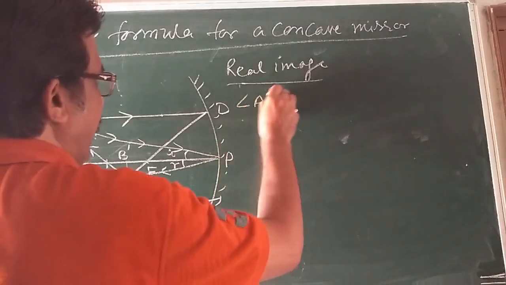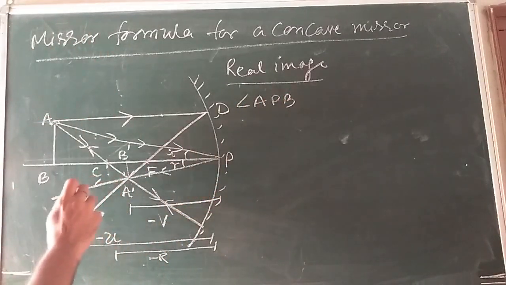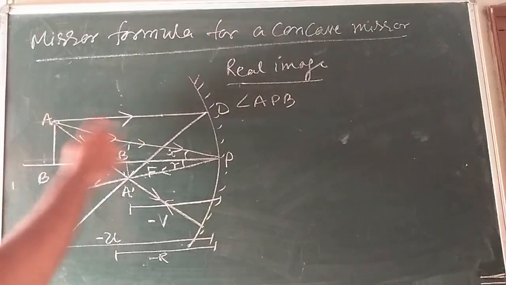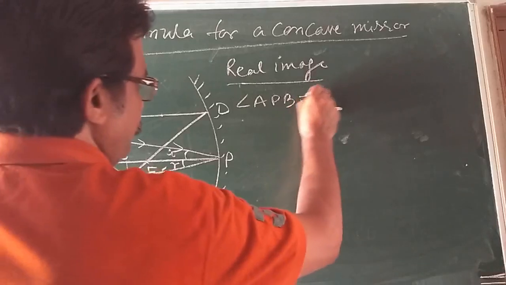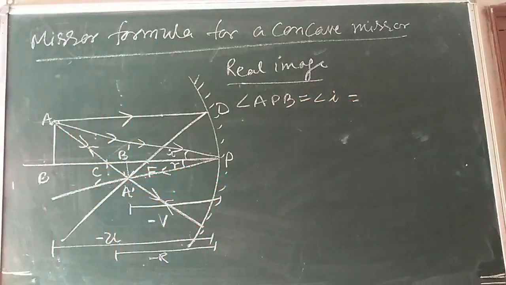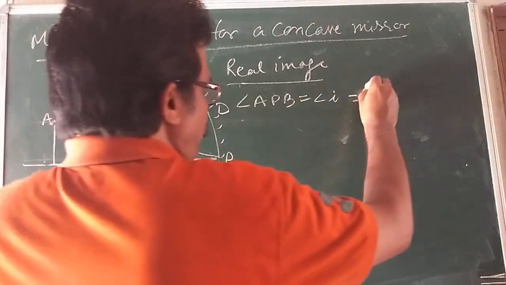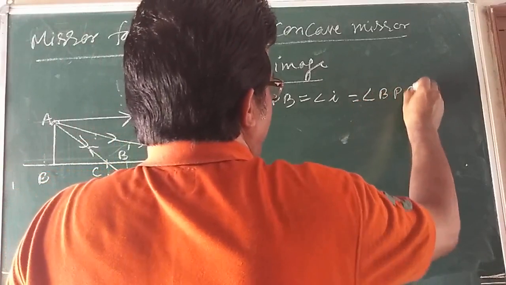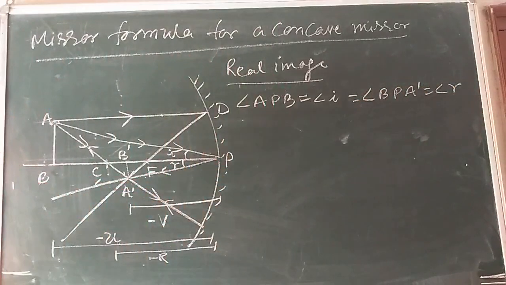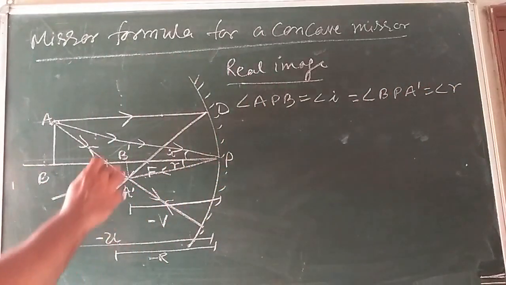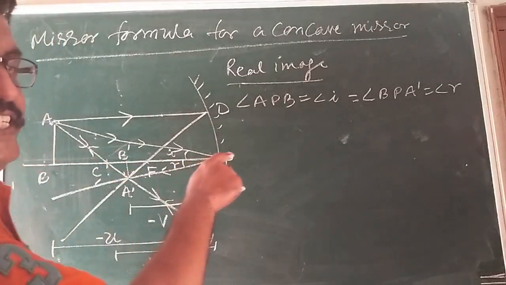Angle APB is angle I. That is equal to angle BPA dash, that is angle R. According to law of reflection, A dash B dash is perpendicular to the principal axis.